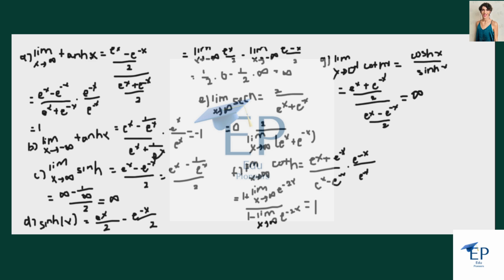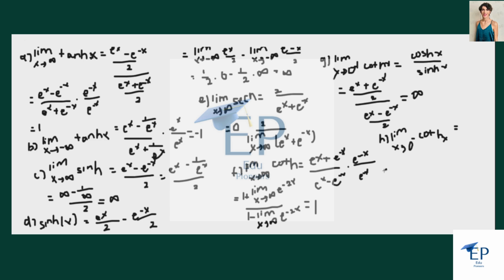For part H, we have the limit as x approaches negative 0 for cotangent, the hyperbolic function, and we get cosine over sine like we did in part G, and we get the same function, e to the x plus e to the negative x over 2 over e to the x minus e to the negative x over 2.